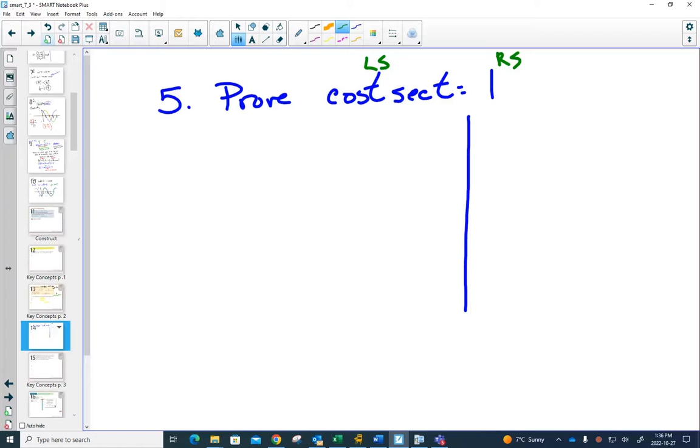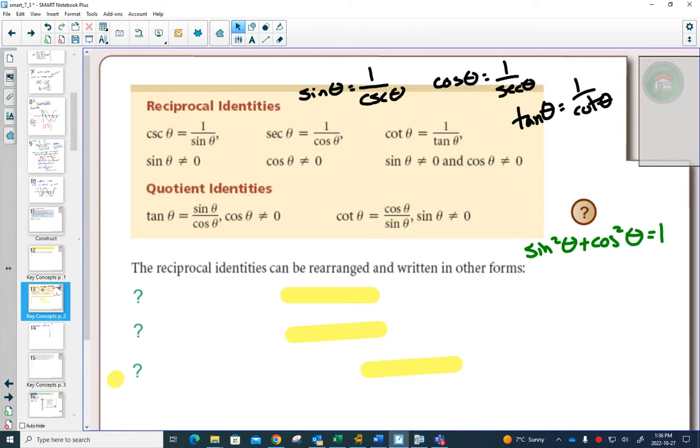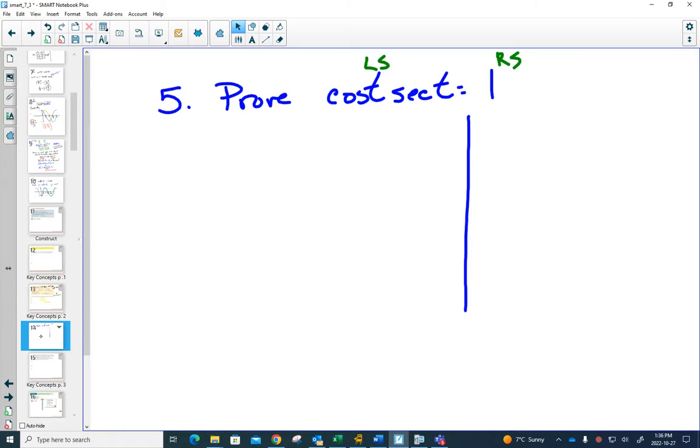Right now, they don't look identical. I have a 1 on one side. I don't have a 1 on the left side. And what you're allowed to do is use any of the tools that we have on this page to help you manipulate things on the proof.